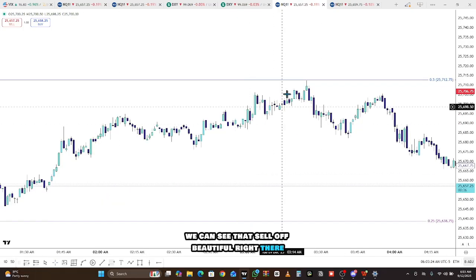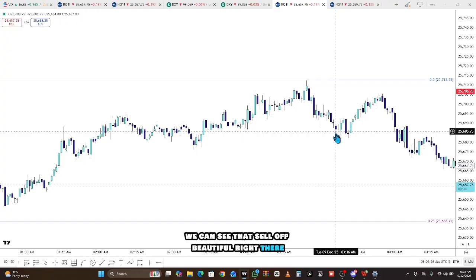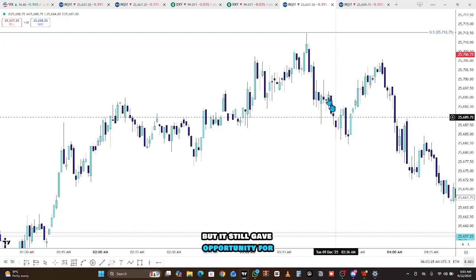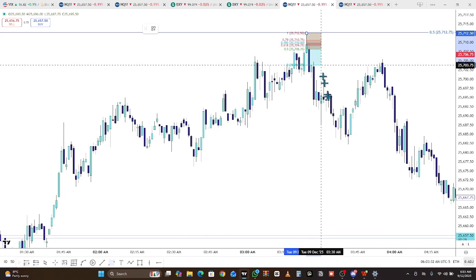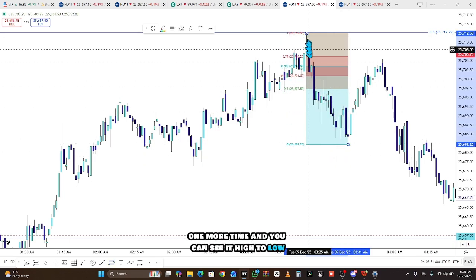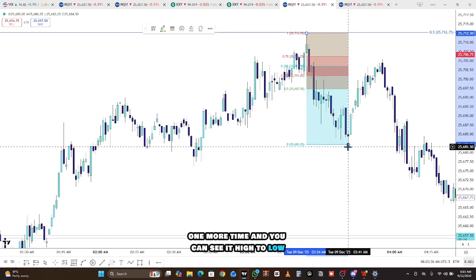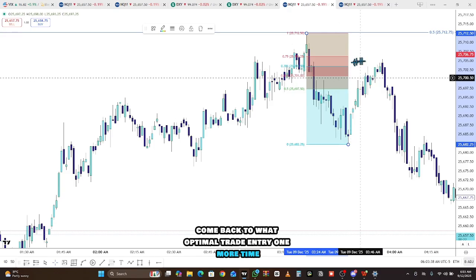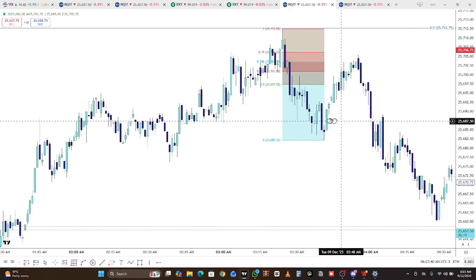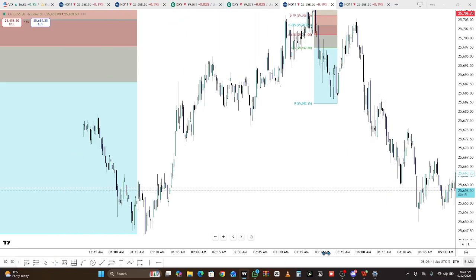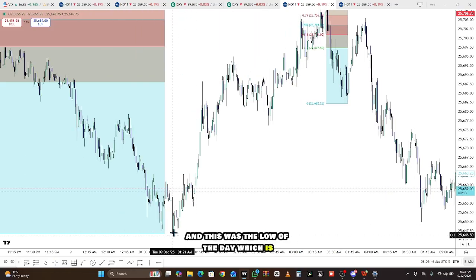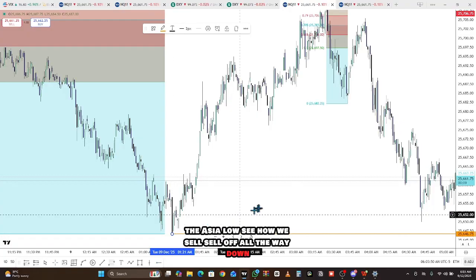We can see that sell off, beautiful right there, but it still gave opportunity for people to still participate inside of it one more time, and you can see it, high to low, come back to optimal trade entry one more time, then it sells off all the way down, and this was the low of the day, which is the Asia low.